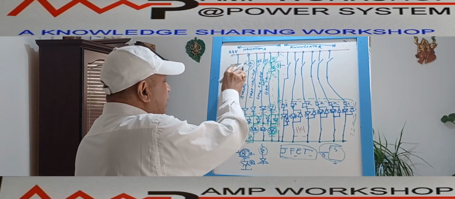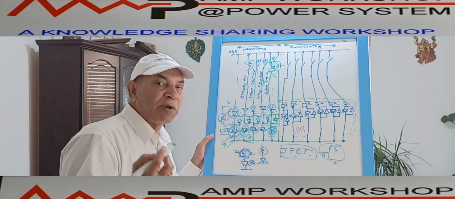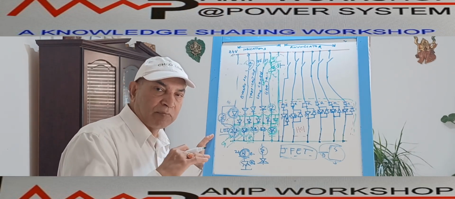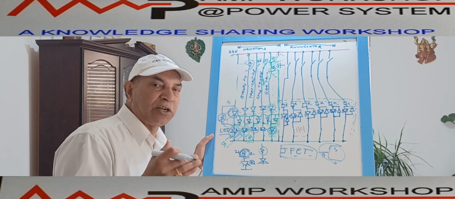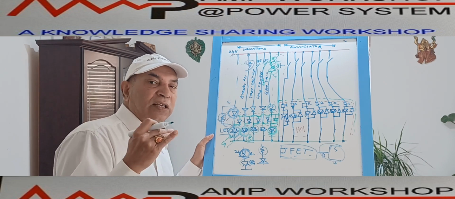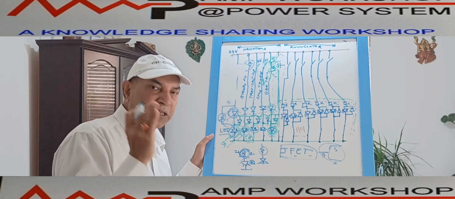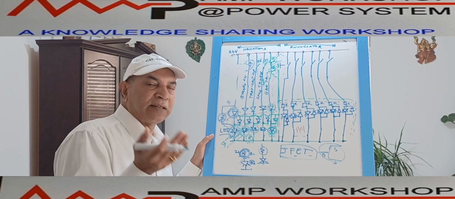In addition to this, in case of an SF6 circuit breaker, we measure the SF6 gas pressure. We have already told in the tripping scheme and closing scheme that SF6 gas is continuously monitored by the pressure switch. There are 3 levels of pressure switch. One is when SF6 gas pressure is high, that is one level. Another level is when SF6 gas pressure is low.